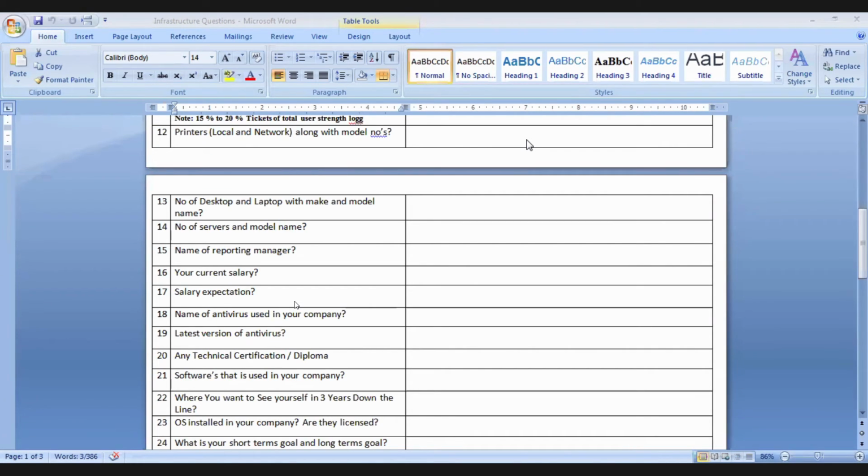That's the reason they try to close the positions immediately, because someone left the organization without a notice period or with a short notice period. Yes, sir.